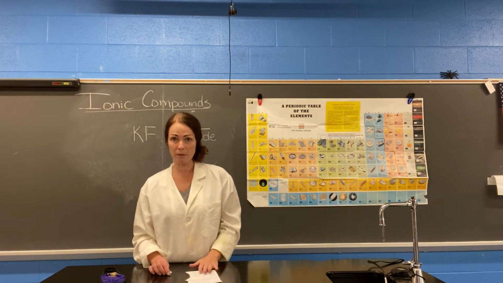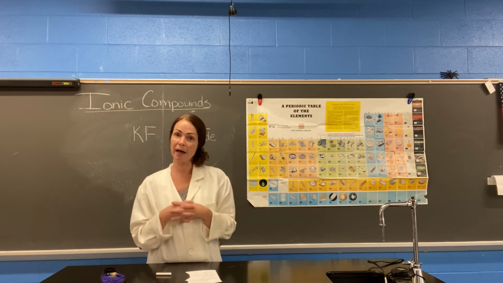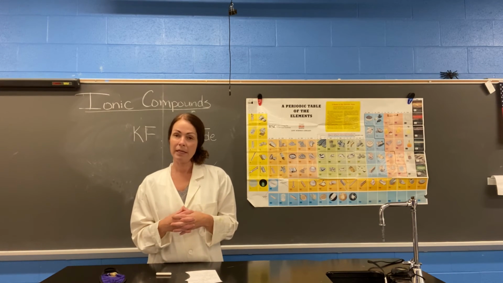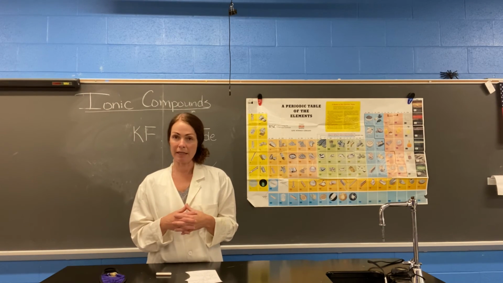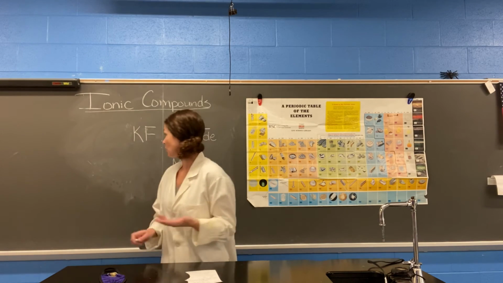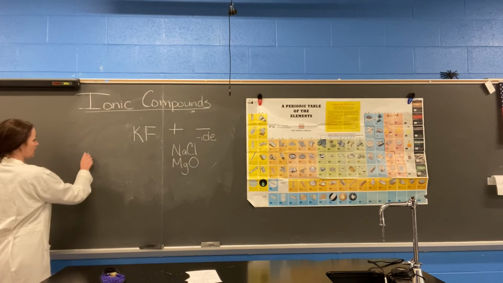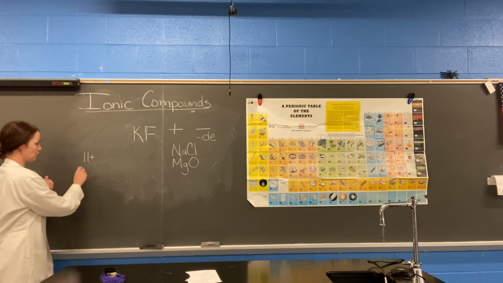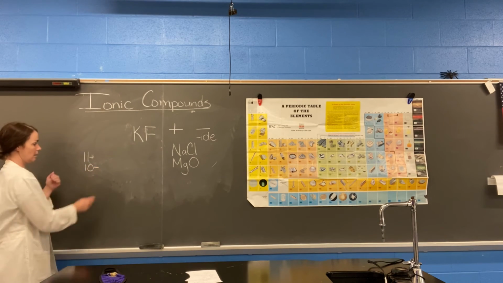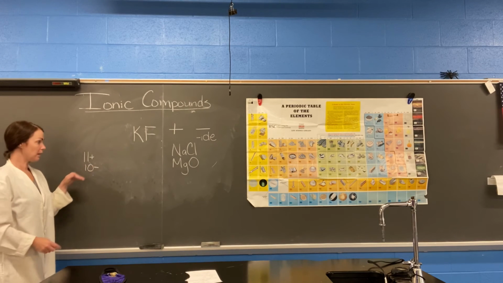It's also important to understand that once you have an ionic compound, it becomes neutral as a whole because you still have equal numbers of positives and negatives. So when we had our sodium atom with its 11 positive charges and it lost an electron, it became slightly positive.